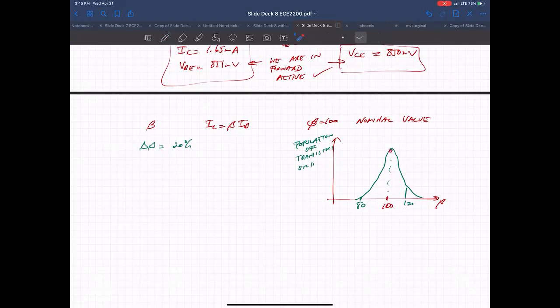I'm going to call them and say, only send me these transistors with a beta of 100. And they might do that, but then they're going to charge you for all these other transistors they made that didn't make that value, because they had to build all these in the manufacturing process, throw them away, and only send you this beta of 100 value.